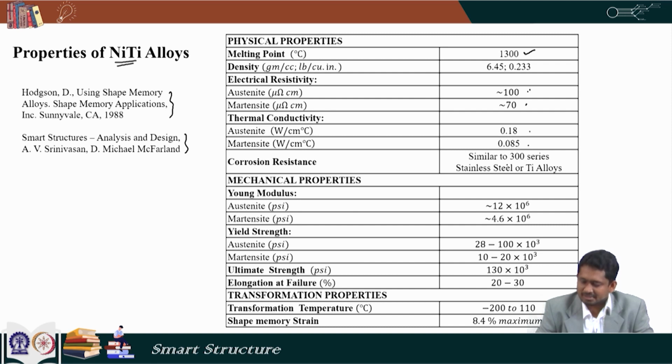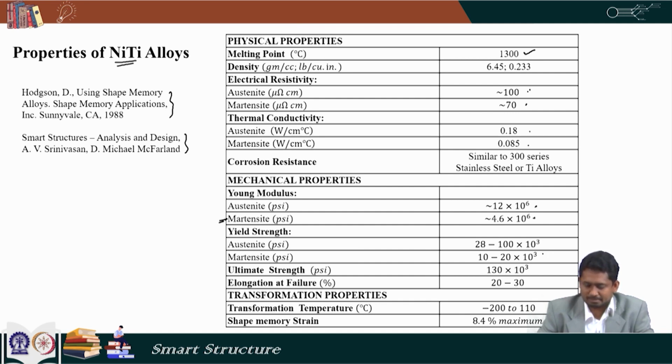Corrosion resistance is similar to 300 series stainless steel or titanium alloys. Austenite Young's modulus is 12 times 10 to the power 6 pounds per square inch. In martensite it is 4.6. Again we can see that there is a large variation of the Young's modulus between martensite and austenite phases. In fact, the martensite phase is much more flexible than the austenite phase. Yield strength in austenite is 28 to 100 times 10 to the power 3 psi.